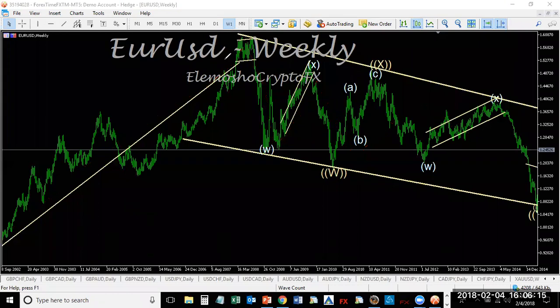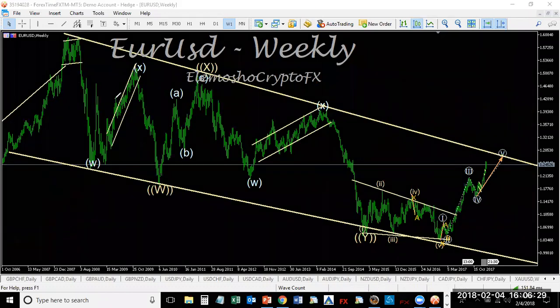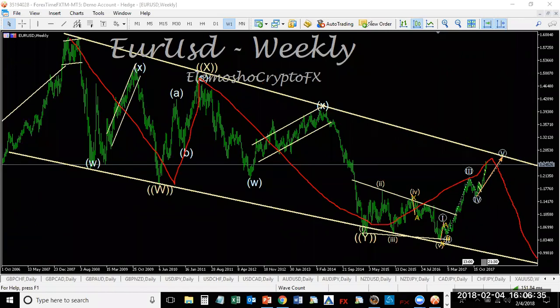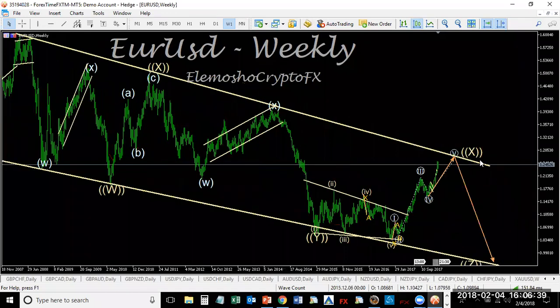So we are in a corrective structure right now, and it is a complex structure. This is a flat, and most likely we now have an ending diagonal here. So in the overall, we are going to have something that looks like this: 1, 2, 3, 4, then 5, before eventually the market will go to the upside.